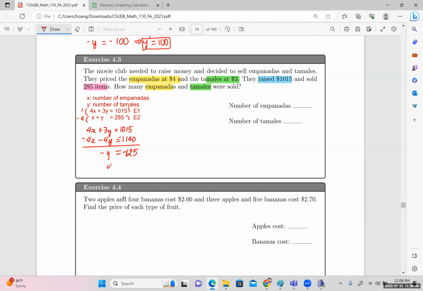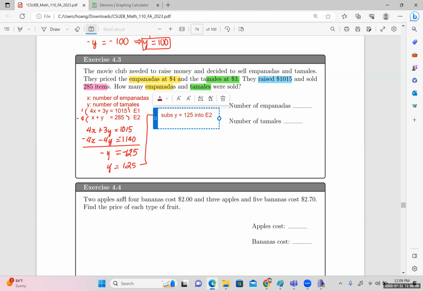So y will be equal to 125. I will just substitute y equal to 125 into equation 2, either one of them, right?